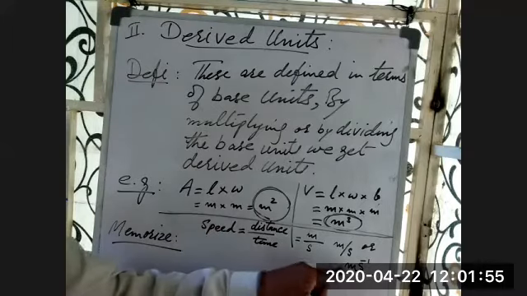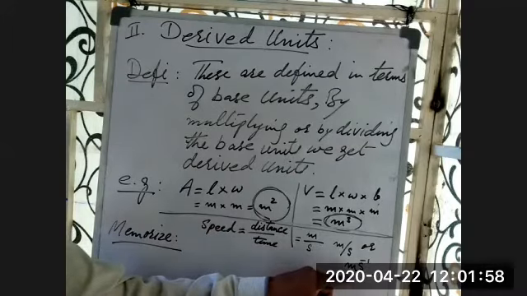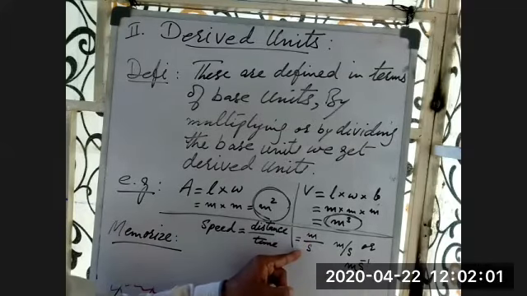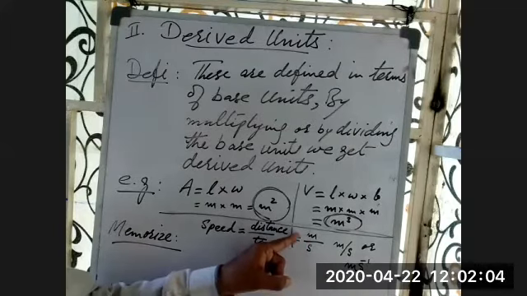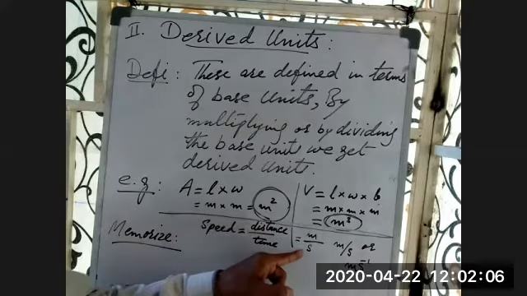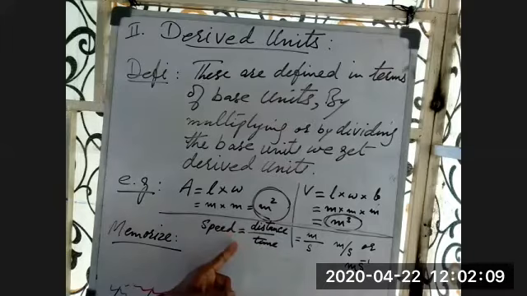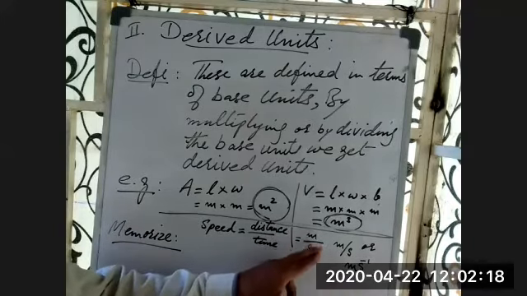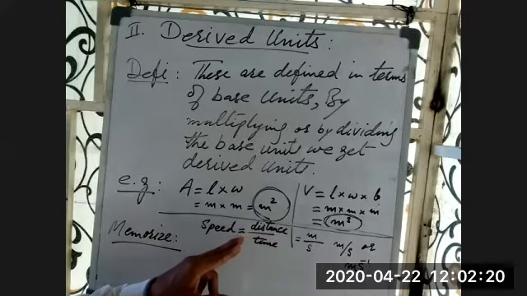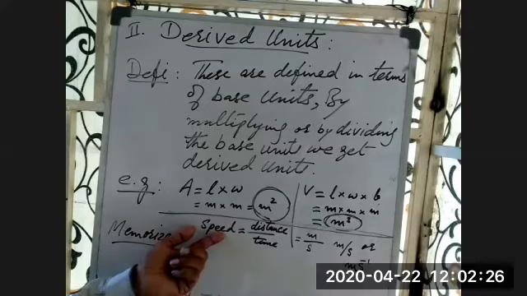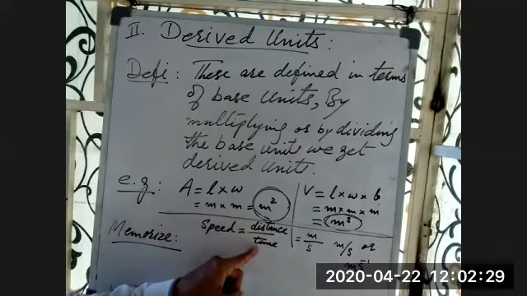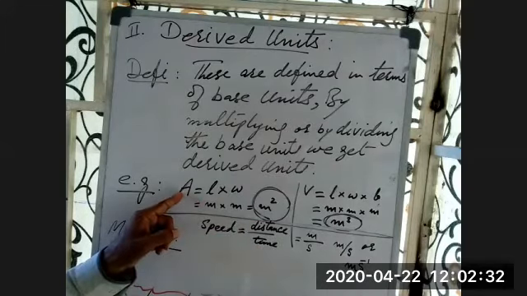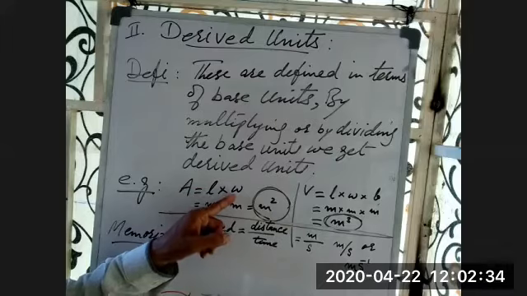And the derived unit is derived from base units. And what are the base units? The units of distance and the unit of time in this case. So this is the method of how we calculate the derived units from base units using a formula which tells a relation between the derived quantity and base quantities.